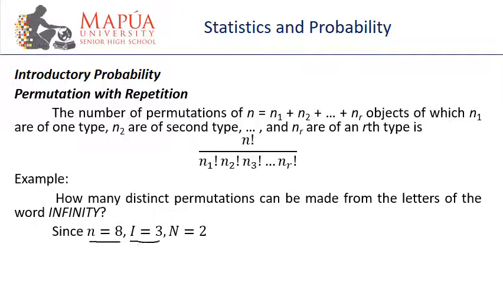The letter I is repeated 3 times, and the letter N is repeated twice. Therefore, applying the concept of permutation with repetition, it will be 8 factorial divided by 3 factorial times 2 factorial, equal to 3,360 distinct permutations.